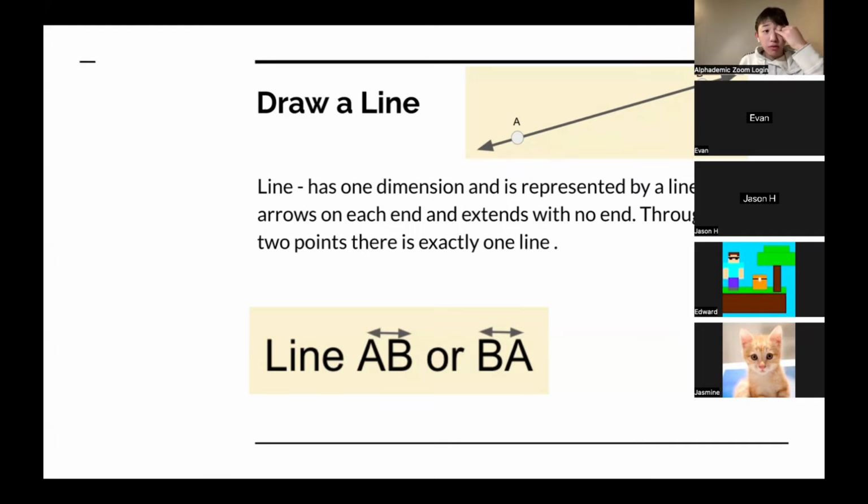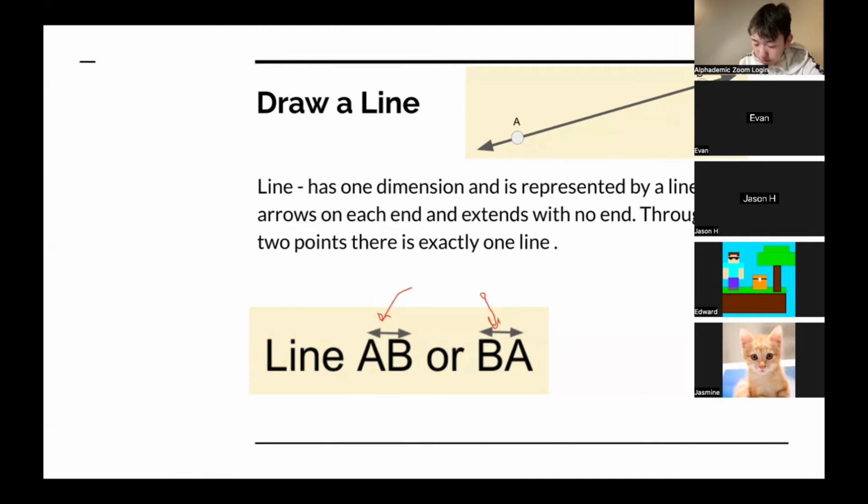It's more of a personal preference on which order you want to write it in, but you always want to have the 2 arrows on the top. This is very important because these 2 arrows denote that it is a line, not something else, like a segment or a ray, which we will cover later on in the slideshow. For this, I would highly recommend you just write down the notation for the line.